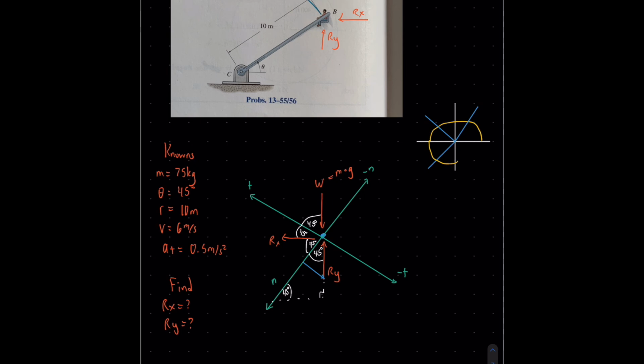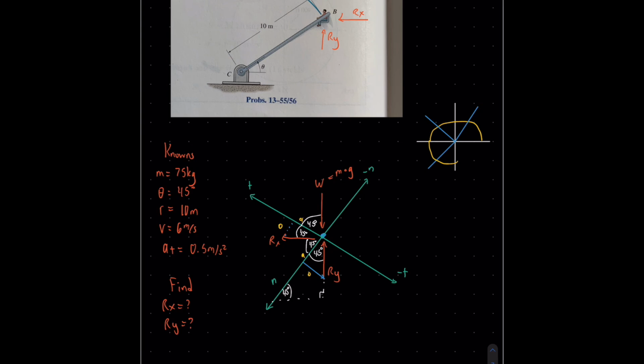So this would be opposite, and this would be adjacent. Likewise, for my reaction in the x, I'm going to choose this way here. And notice how these blue dots are parallel to my normal direction.